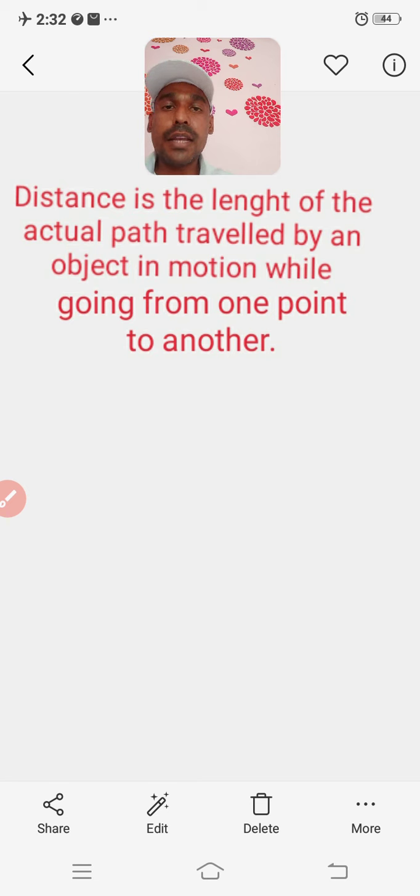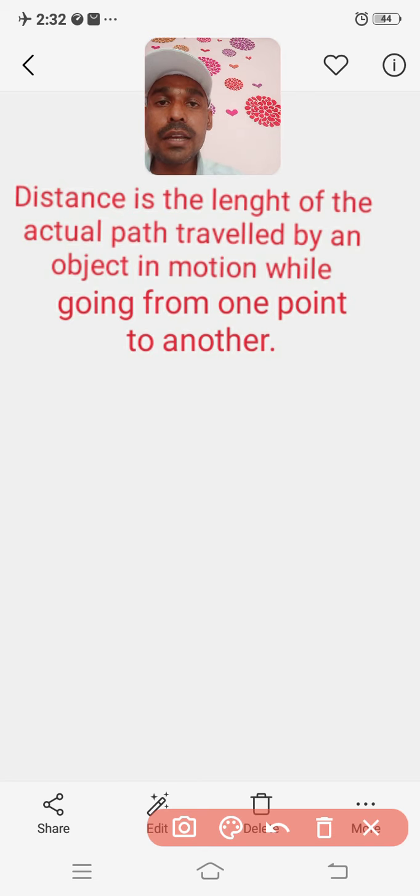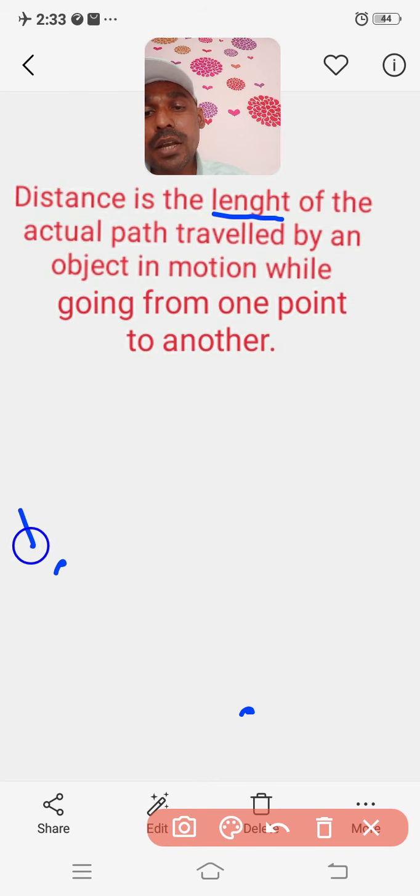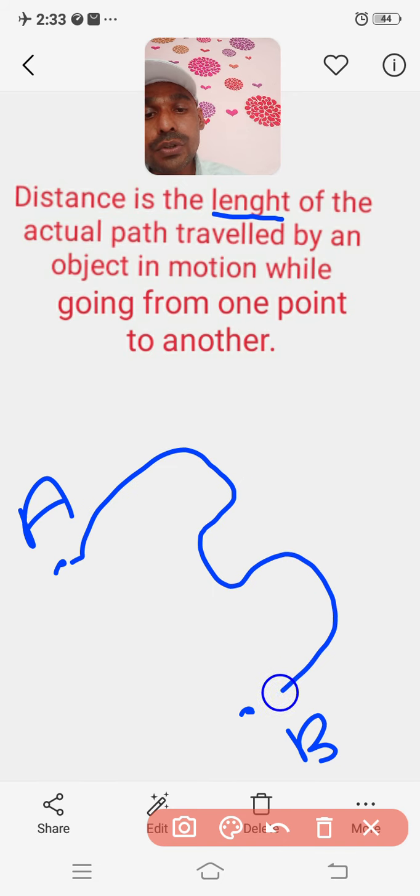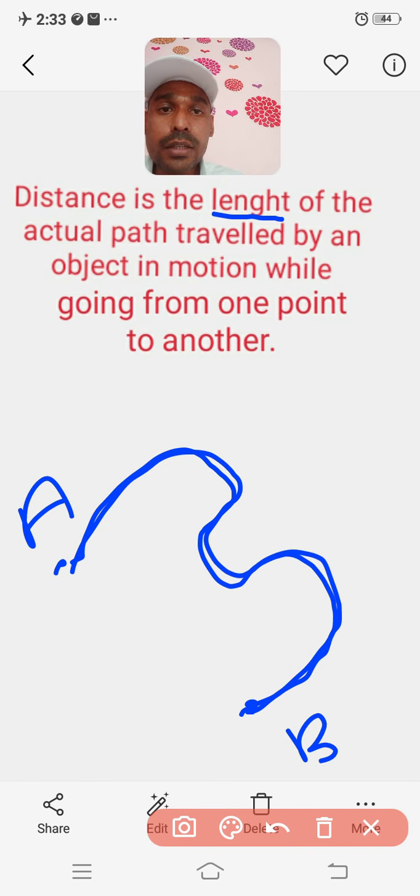Distance is the length of the actual path. I draw the actual path on screen. This is the actual path. Distance is the length of the actual path traveled by an object in motion while going from one point to another.